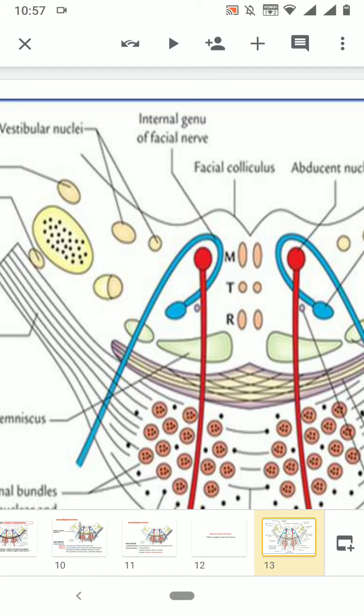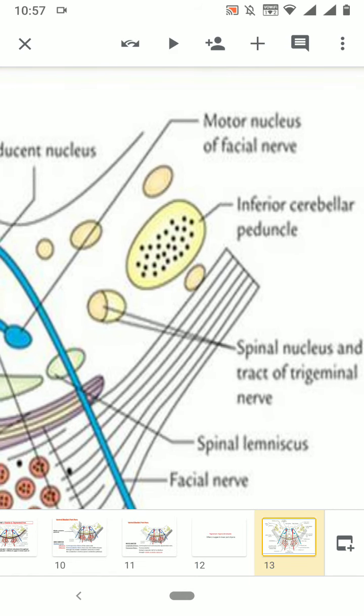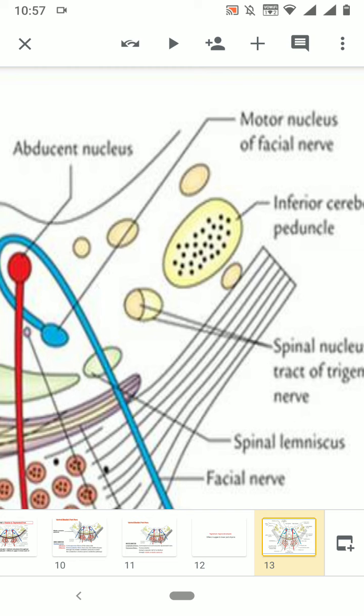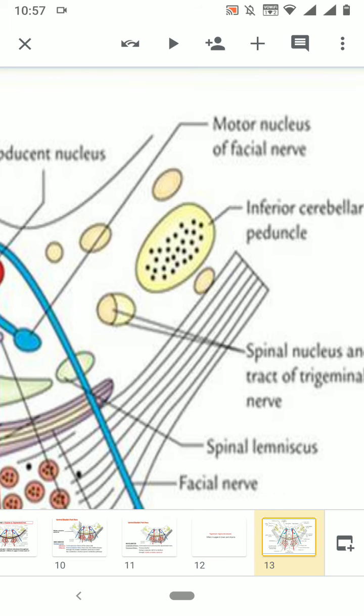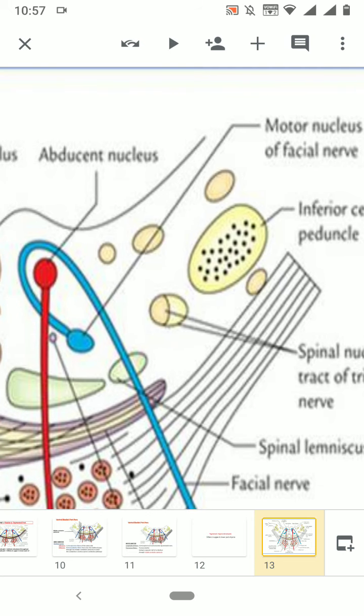Okay, so now as we go laterally, we can see very close to the motor nucleus of the facial nerve the spinal nucleus of the trigeminal nerve, which is getting the sensations from the face, and the motor nucleus of the facial nerve gives the motor supply to the facial muscles.